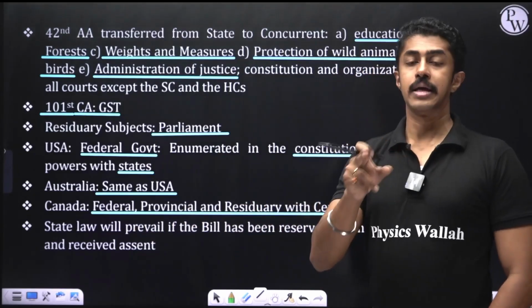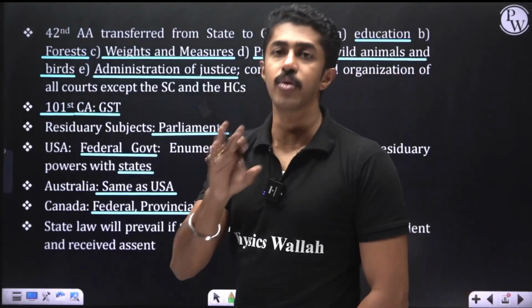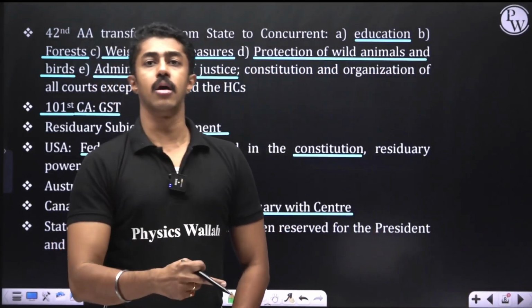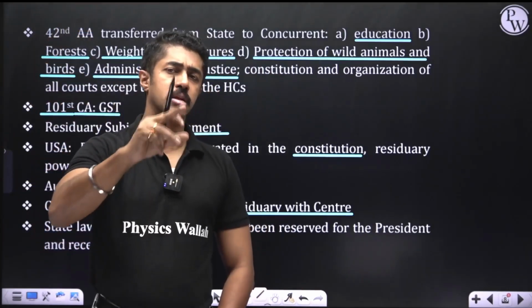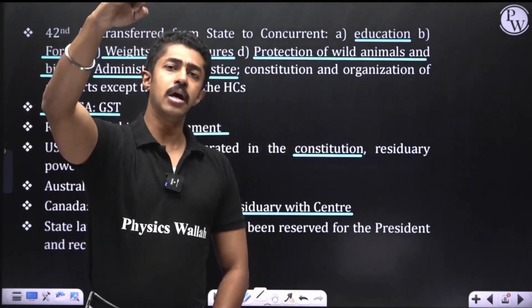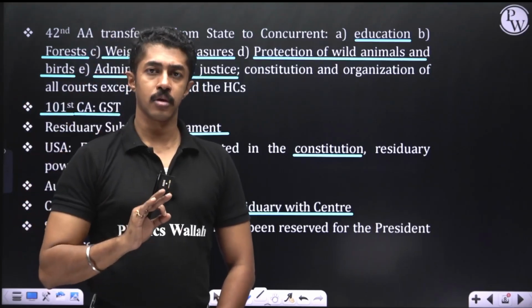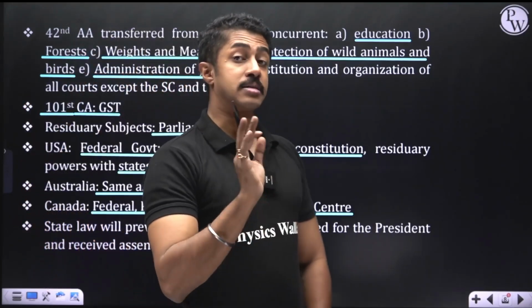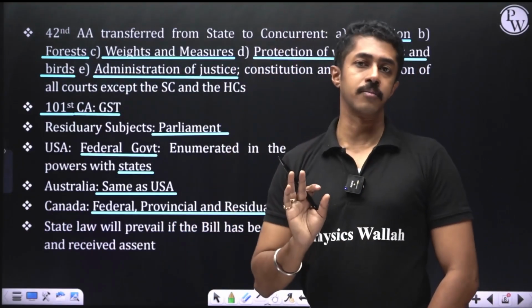But you must understand, the parliament is still powerful enough to pass a law that will come above the state law. Parliament can still pass a law on the subject which will have the superior position compared to the state law. But if the parliament doesn't pass such a law, then in such a scenario, state law will prevail.